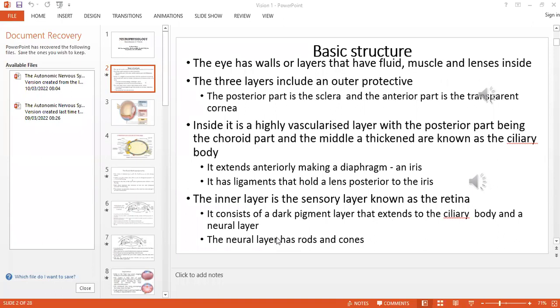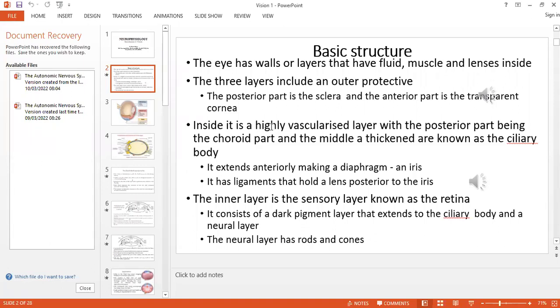The cones are responsible for bright light, while the rods are responsible for capturing light of low intensity, or dim light. We'll be able to understand how these cells work together to produce images in the brain. That's what we're going to look at as we go on.